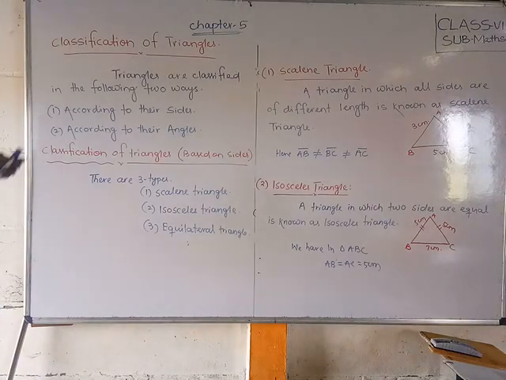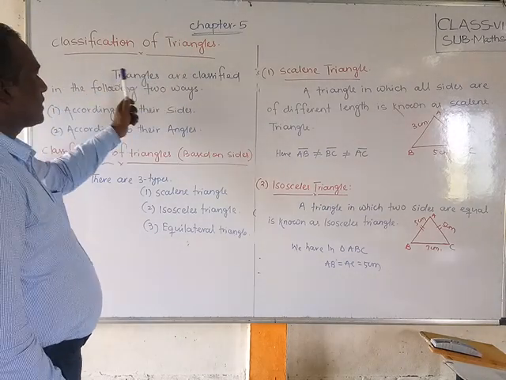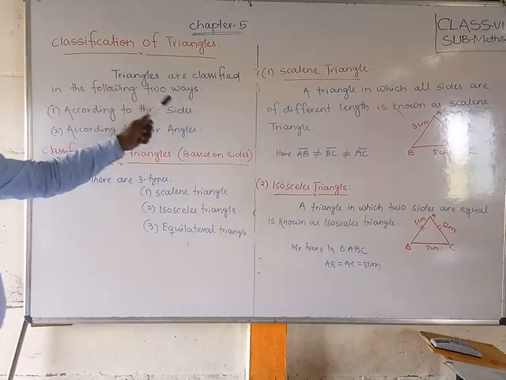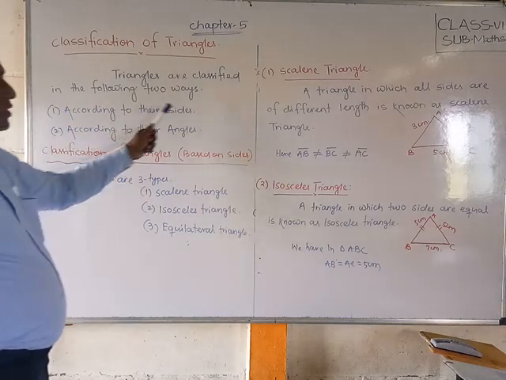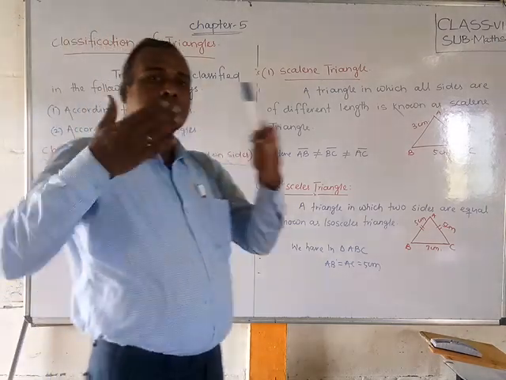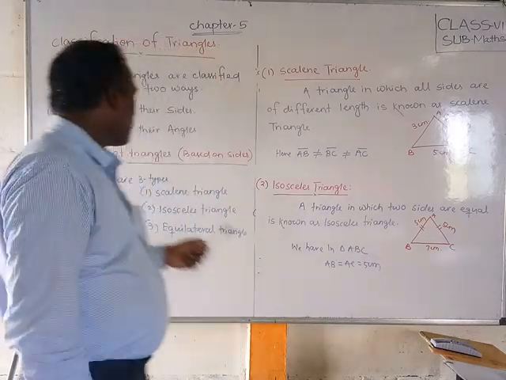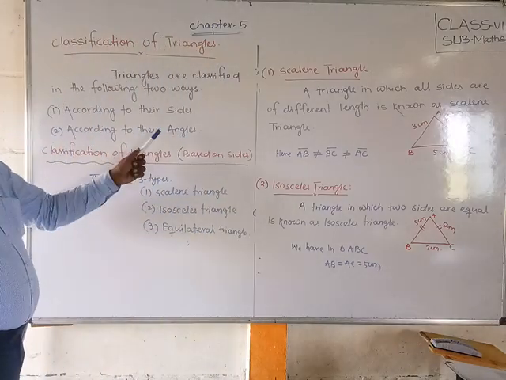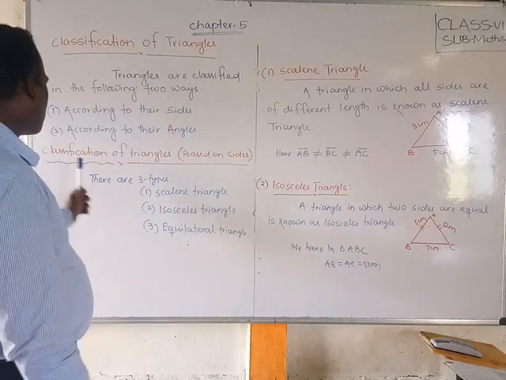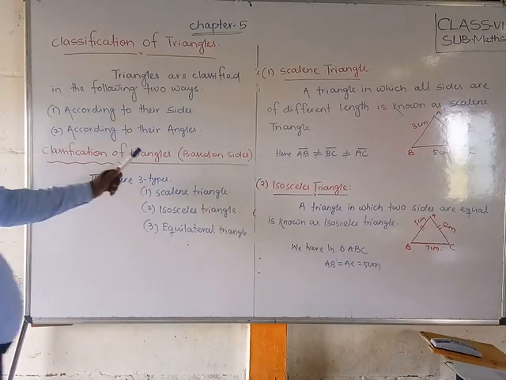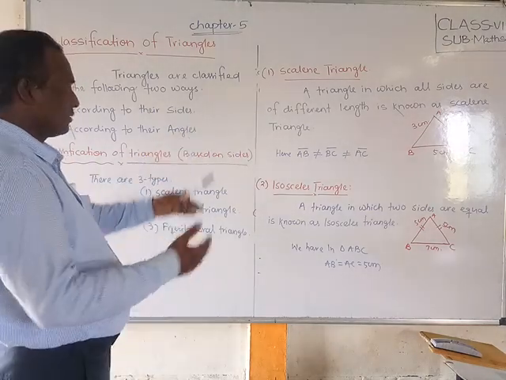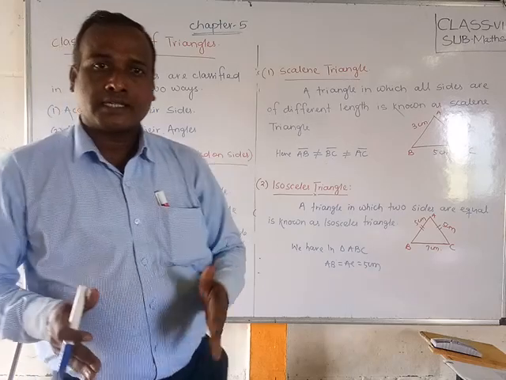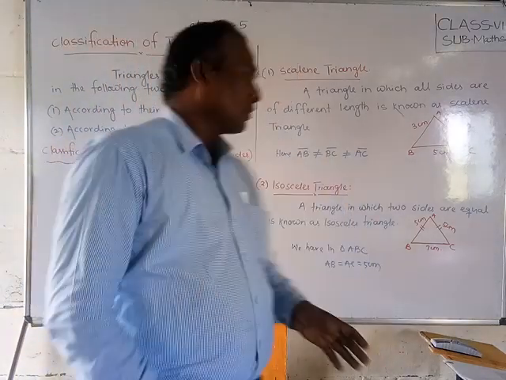Friends, observe the classification of the triangles. Triangles are classified in the following two ways: one is according to their sides, and according to their angles also, the triangles are classified again. First of all we will discuss the classification of triangles based on the sides.